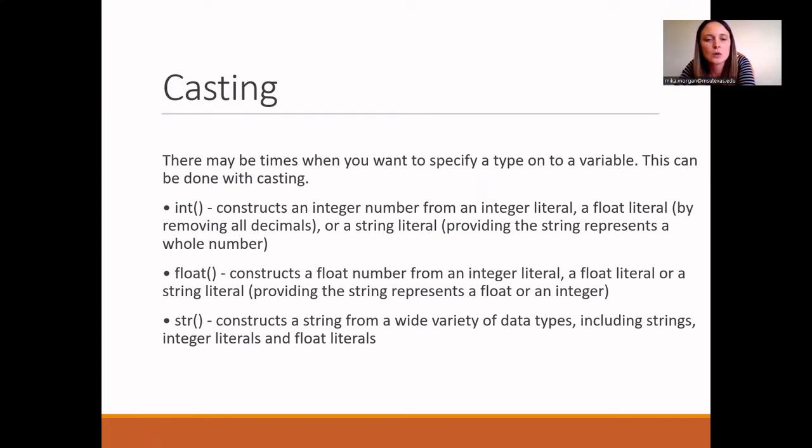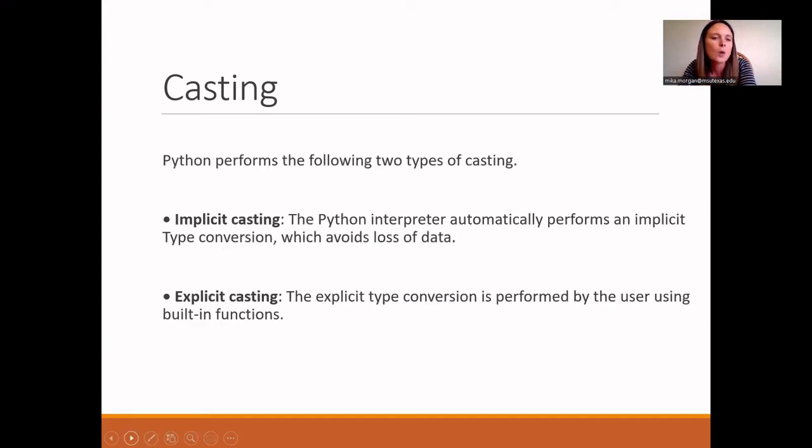You can do that by writing the data type you want the information to be, and then you put parentheses, and then whatever you want it to cast goes inside the parentheses. So whatever value you want to change the data type of would go inside these parentheses.